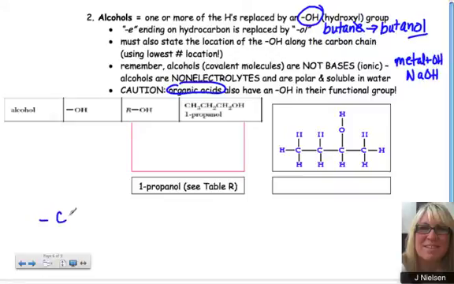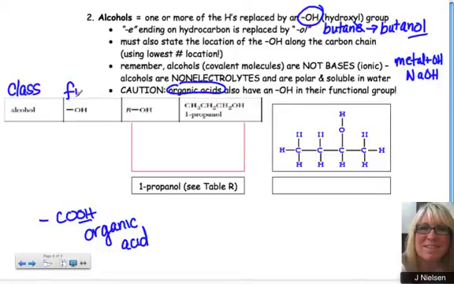An organic acid has the functional group ending COOH. You see the OH in there? But this is not an alcohol. This is an organic acid. So in this first one, they want us to draw 1-propanol. Always use Table R as a guide, because the first column in Table R tells you the class, so alcohol.